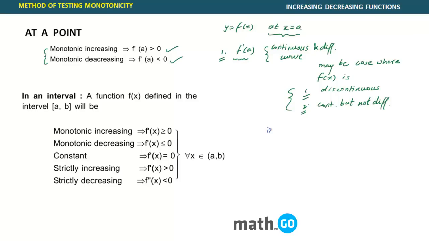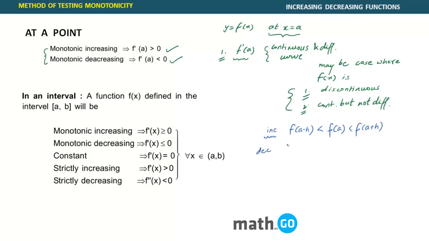For increasing, we go into the limits concept here. Let's say at x equal to a, the value of the function is f(a). If the value on the left hand side is smaller and the value on the right hand side of x equal to a is greater, this means that at x equal to a, the function is increasing.